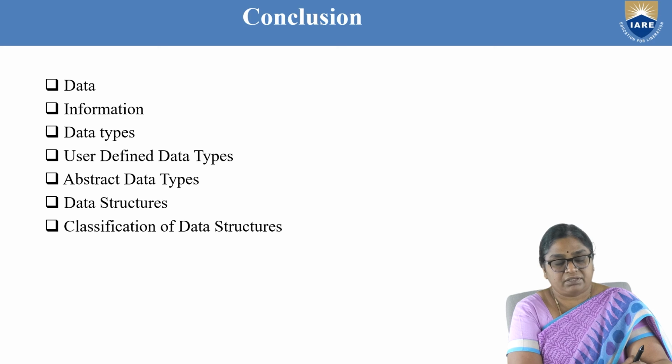Abstract data types provide the functionality of the operations without giving the internal details of how the operations are implemented, like through arrays or through pointers. Data structures are nothing but a specific format for organizing, storing, retrieving and updating the data.